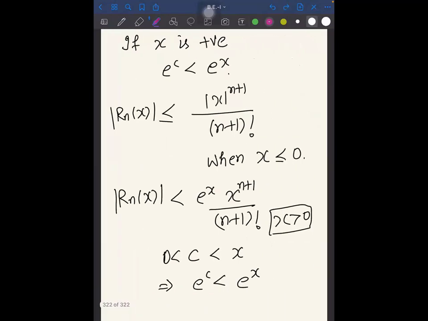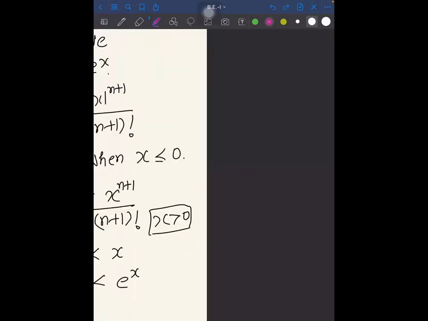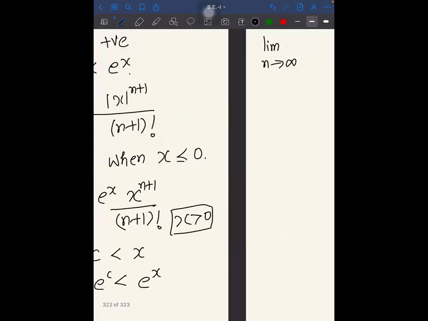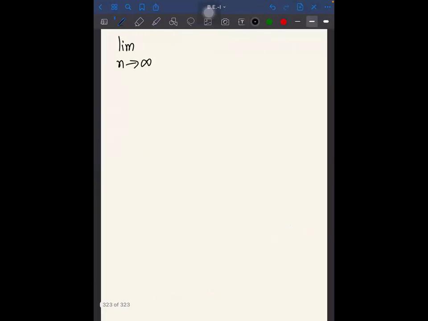So now you have these two cases. See what will happen if you take the limit n tends to infinity in both cases. Take this case, |x|^(n+1)/(n+1)!. What does it equal?